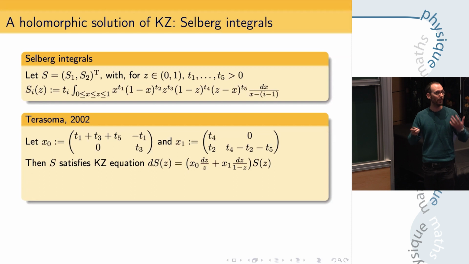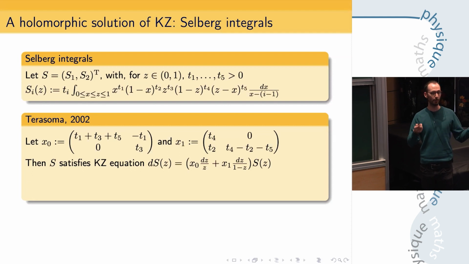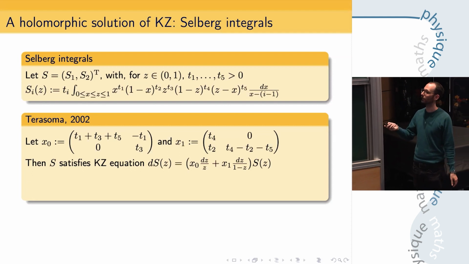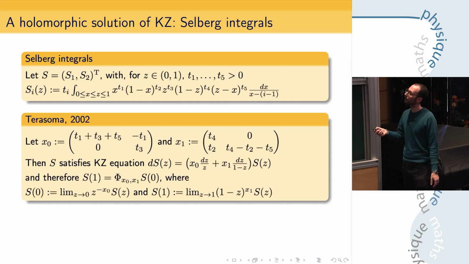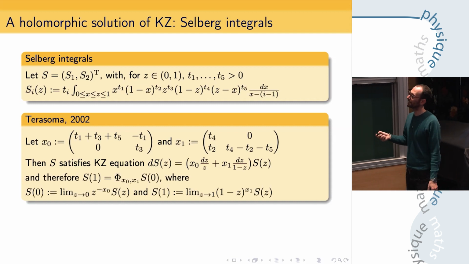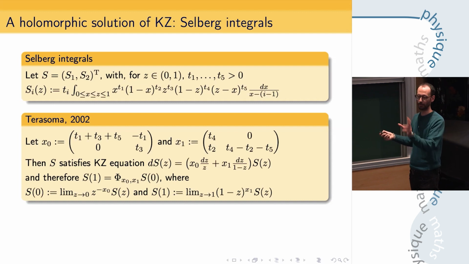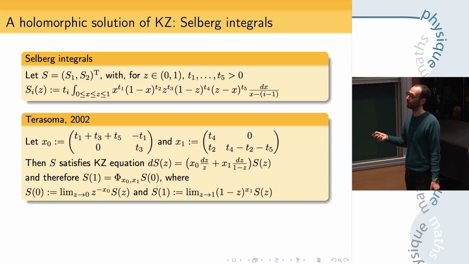But still, the main features of the KZ equation that I presented before still hold in this setting. In particular, the regularized value of S at 1 is given by the Drinfeld associator, which is now an infinite series of products of matrices with multiple zeta value coefficients, times the regularized value at 0.